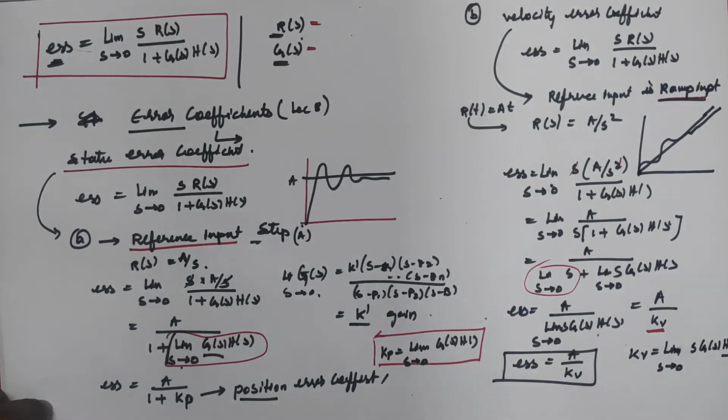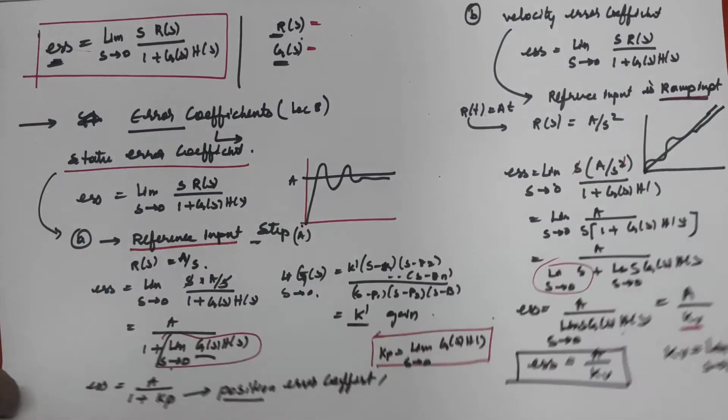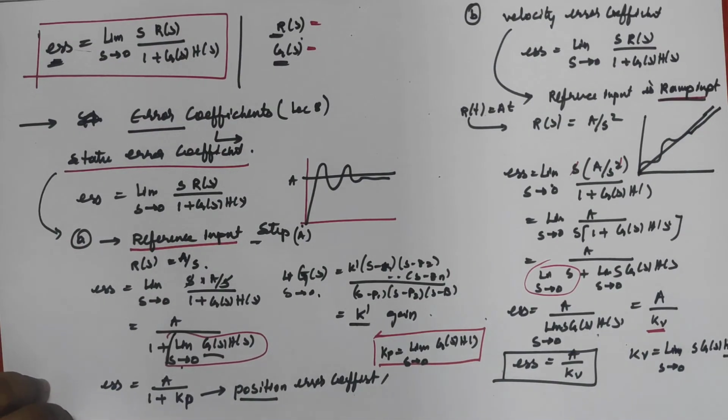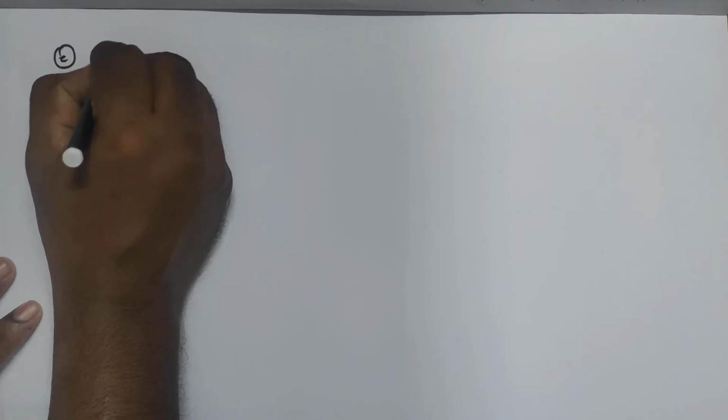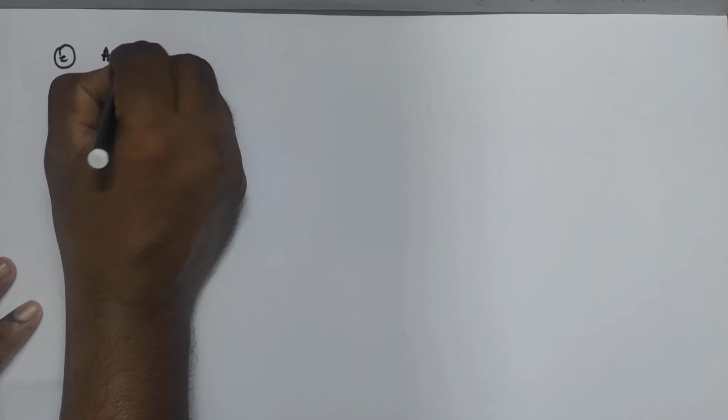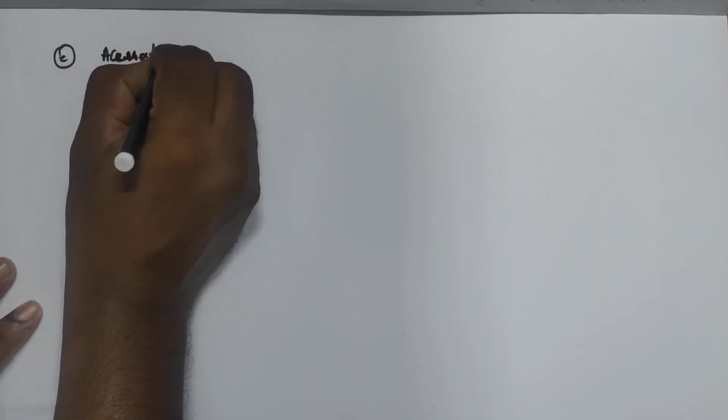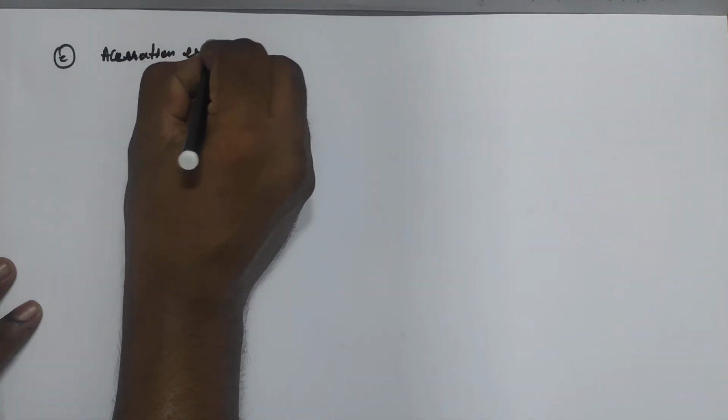Now we have another coefficient called the acceleration error coefficient. So we'll look at this again. What is acceleration? The third error coefficient is ka, the acceleration error coefficient.